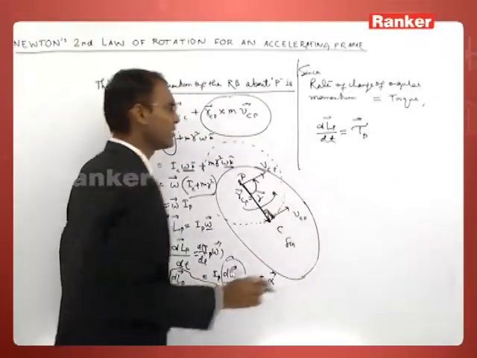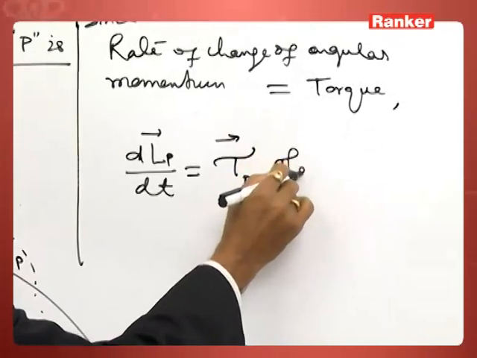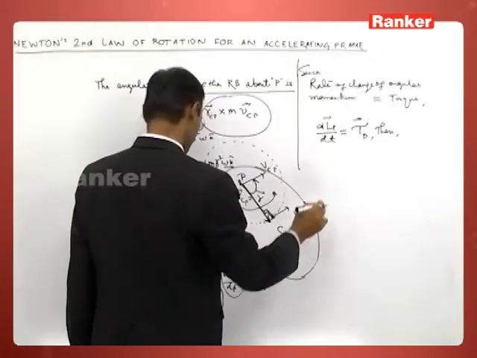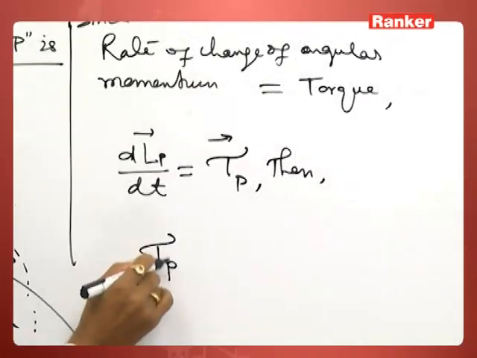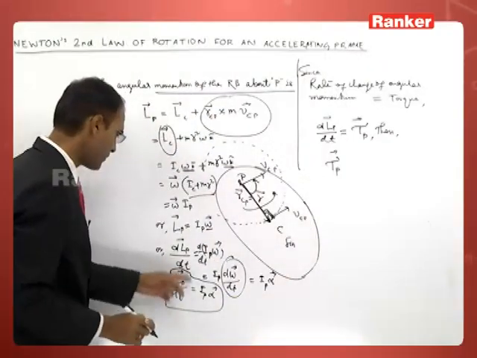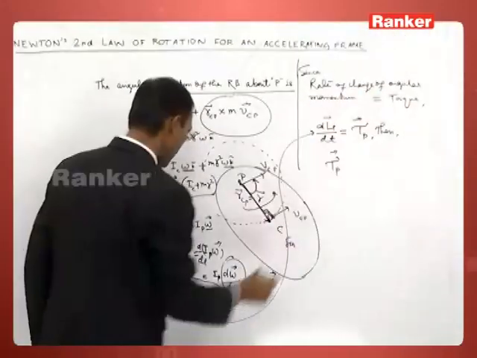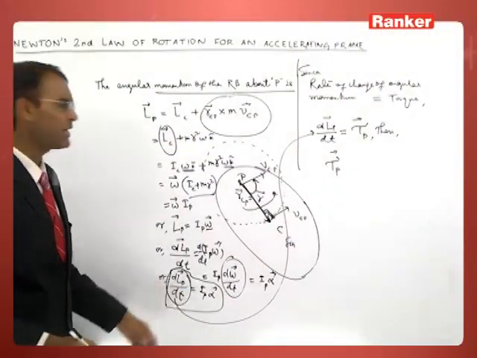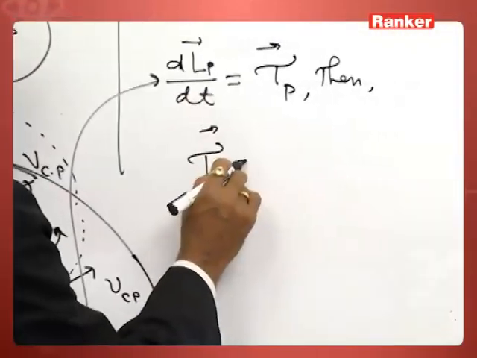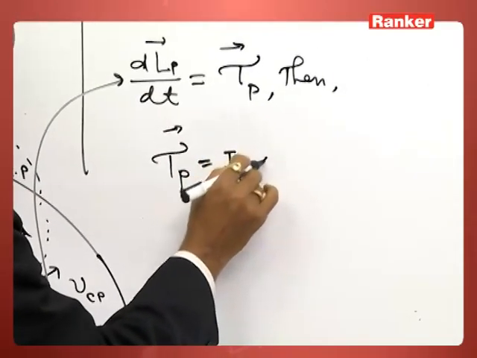Then we can write tau p by substituting dLp by dt as tau p. In this equation, we can write tau p is equal to Ip into alpha.